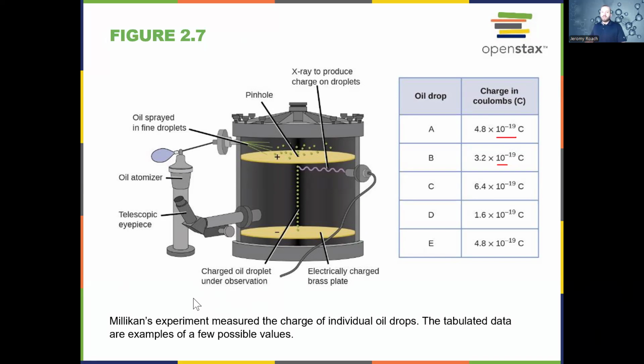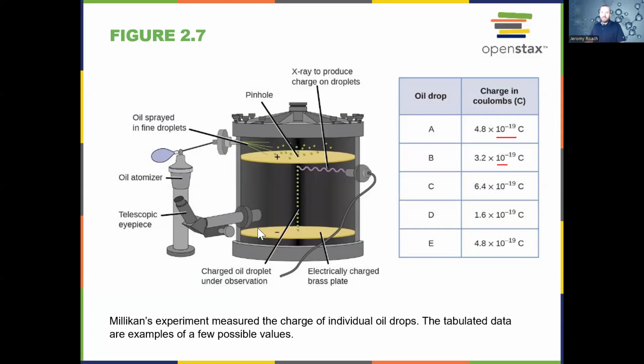So he would spray these oil droplets through this very small opening here, and they would land on this plate, and essentially the plate is positively charged, and then below it is negatively charged.